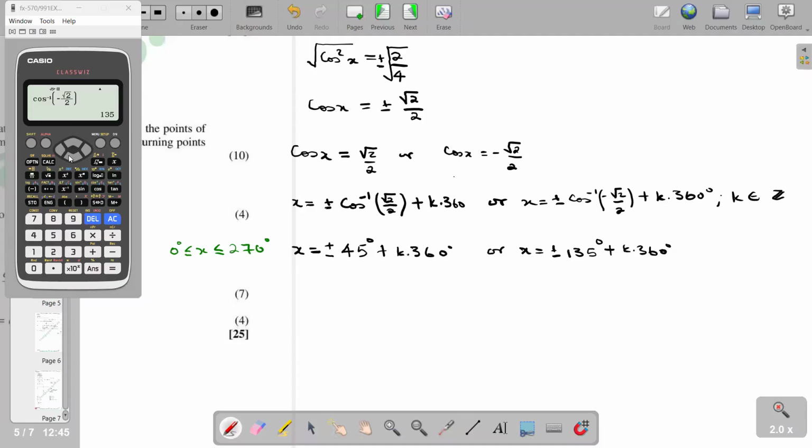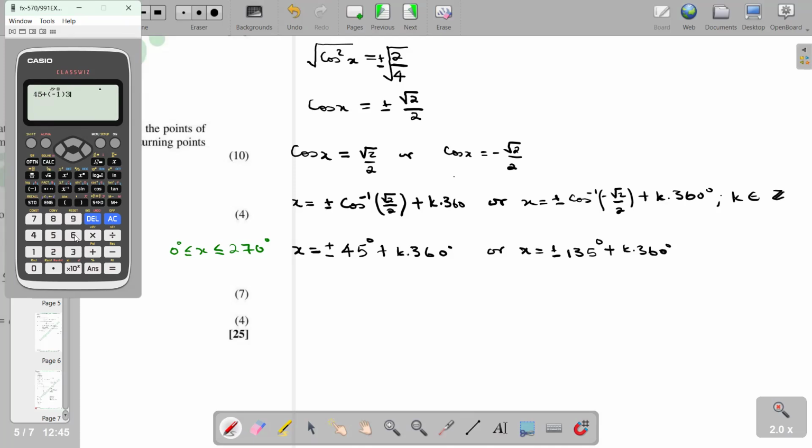Number one, let's substitute. If we are going to start by 45 degrees, so if we say 45 degrees plus, let's start from -1.